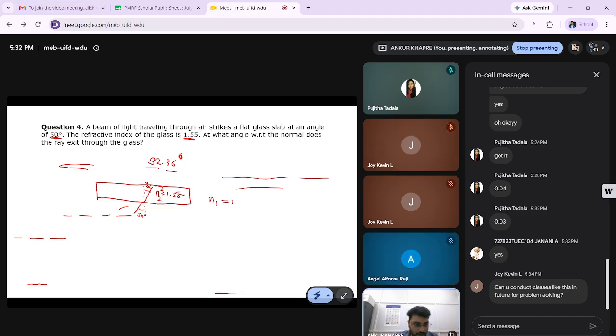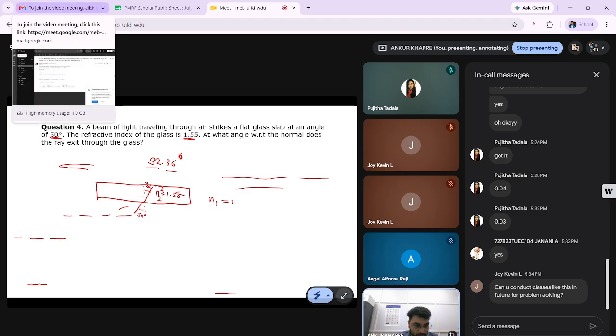Can you conduct class like this in future for problem solving? Yes, obviously on Saturday, every Saturday it will be there, 4 to 6. Each week it will be there. And I feel like today I could have had more discussion compared to only question answers.